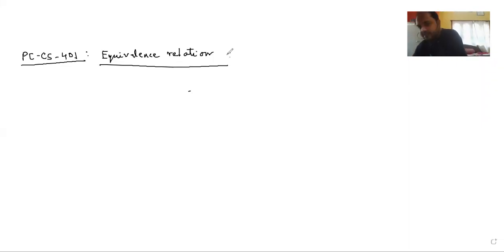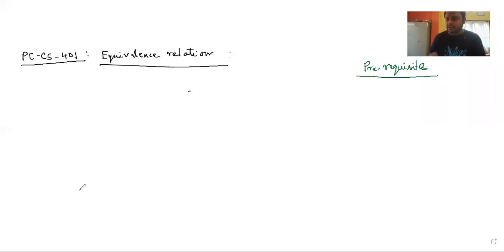Before I start today's topic, let me talk about some of the prerequisites which are needed for understanding what is equivalence relation. These prerequisites I'm writing on the right hand side of this whiteboard. First of all, you have to know what is a set and what are the different set operations which can be used to connect several sets.